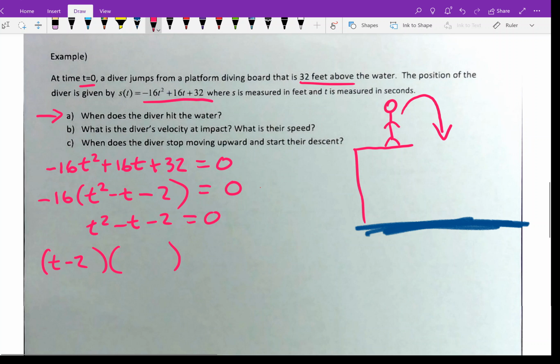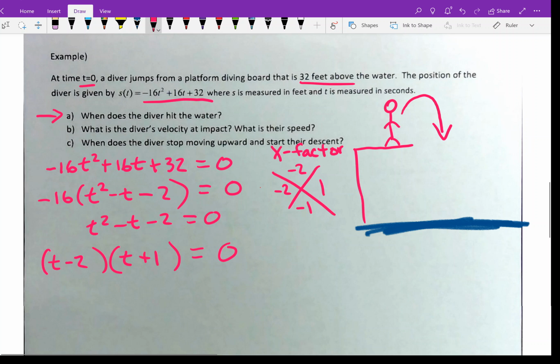If I factor these, it becomes t minus 2 and t plus 1. I did X factor earlier, putting the negative 2 up on top and a negative 1 there, so I knew my two factors were going to be negative 2 and 1. Remember X factor? Anyway, let's keep going.